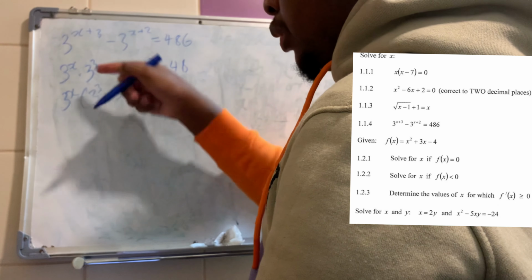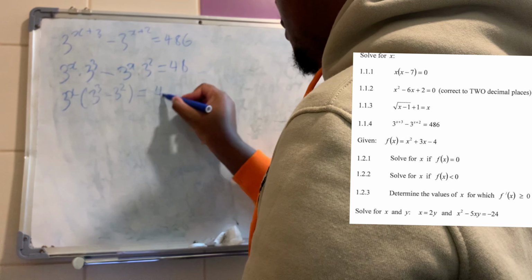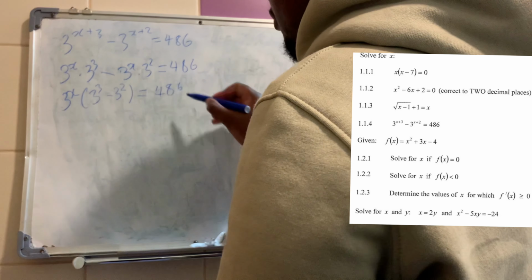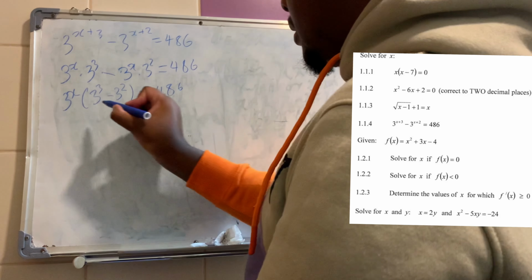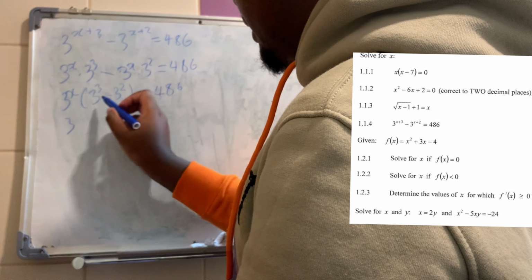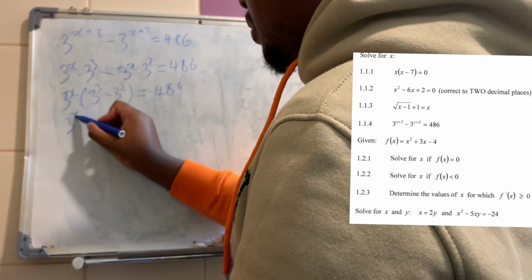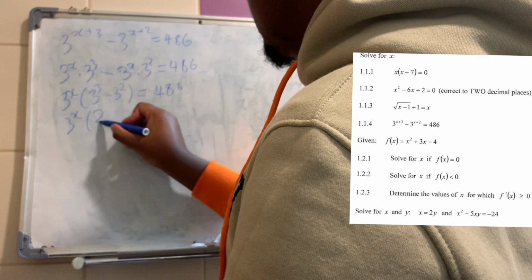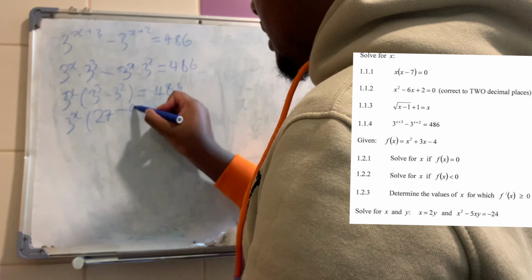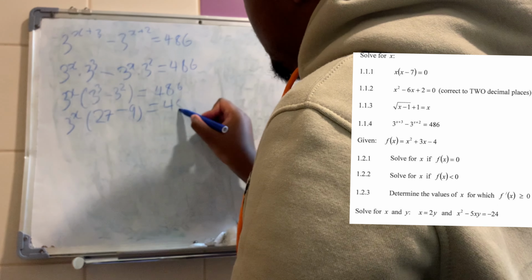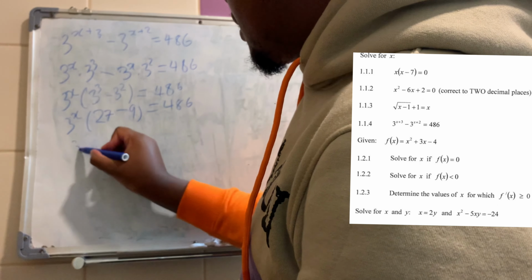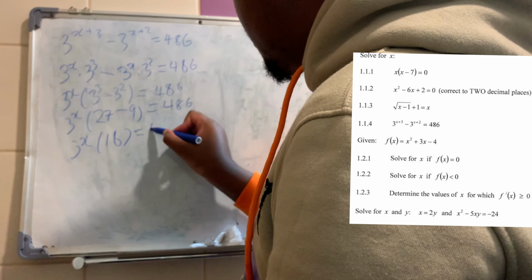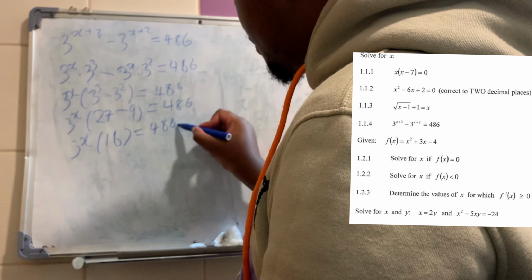Is equal to 486. Now 3 cubed is 27, minus 9, is equal to 486, and then 3 to the power x times 18 is 486.